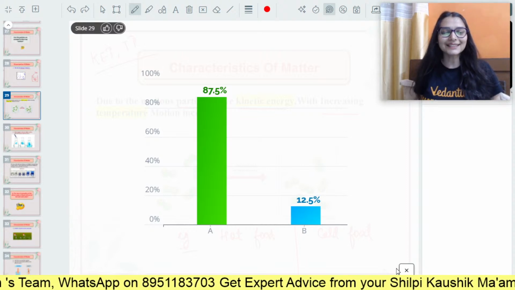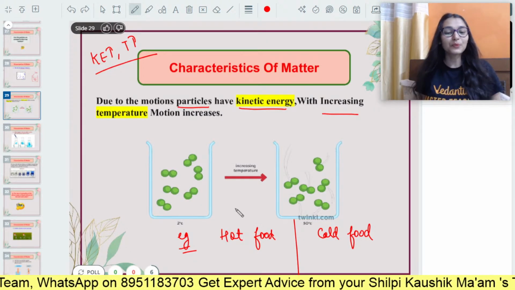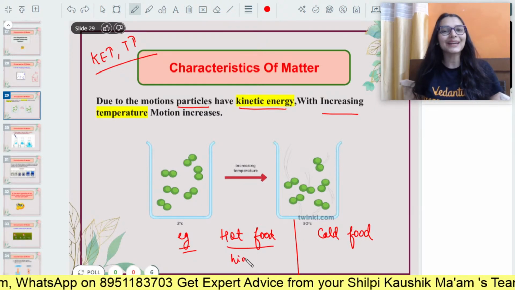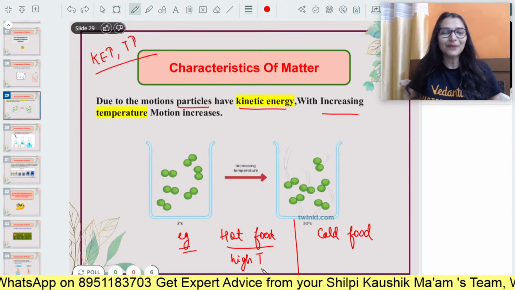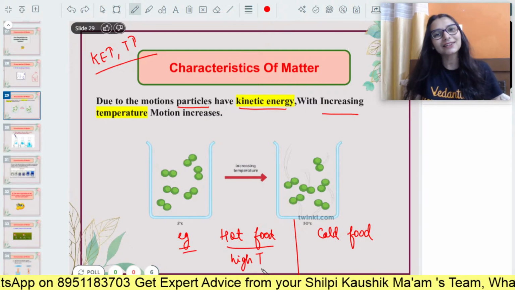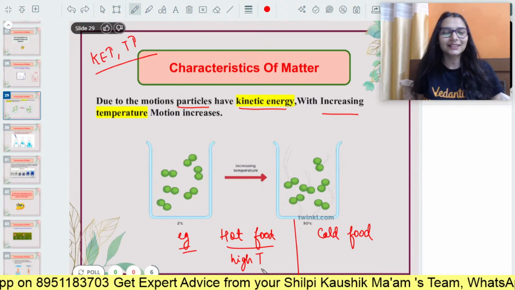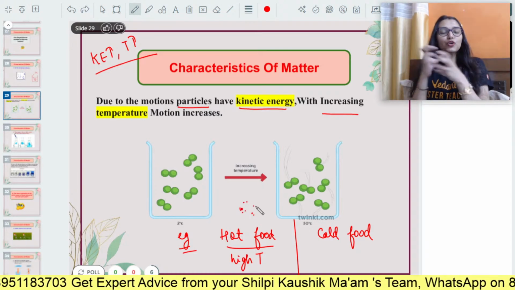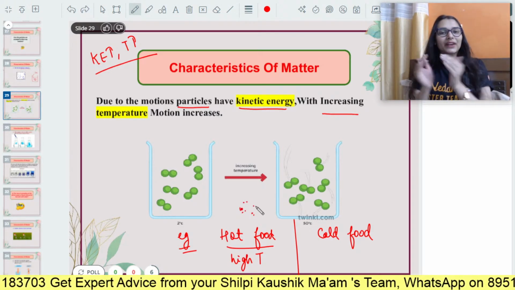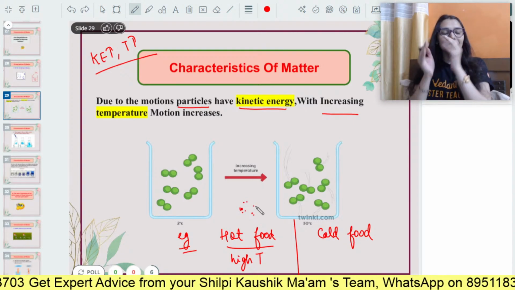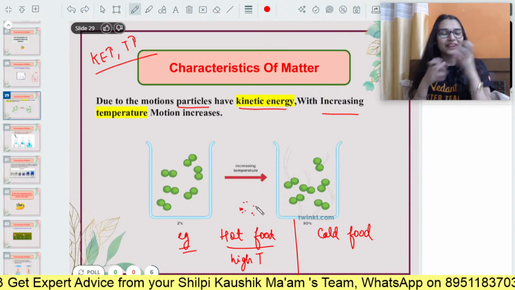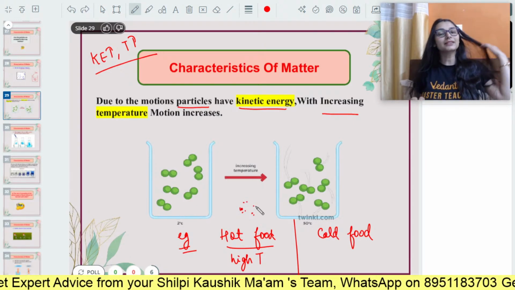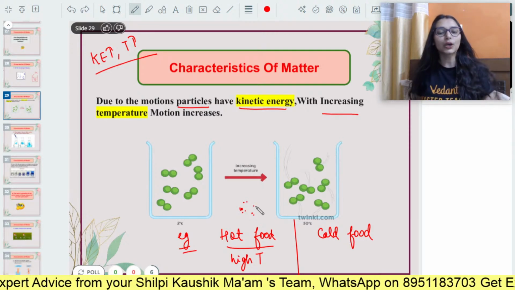Why? Because hot food means high temperature, and high temperature means high kinetic energy. So the food particles have very high speed, and the intermixing with the air will happen very quickly, and the smell will reach you quickly.